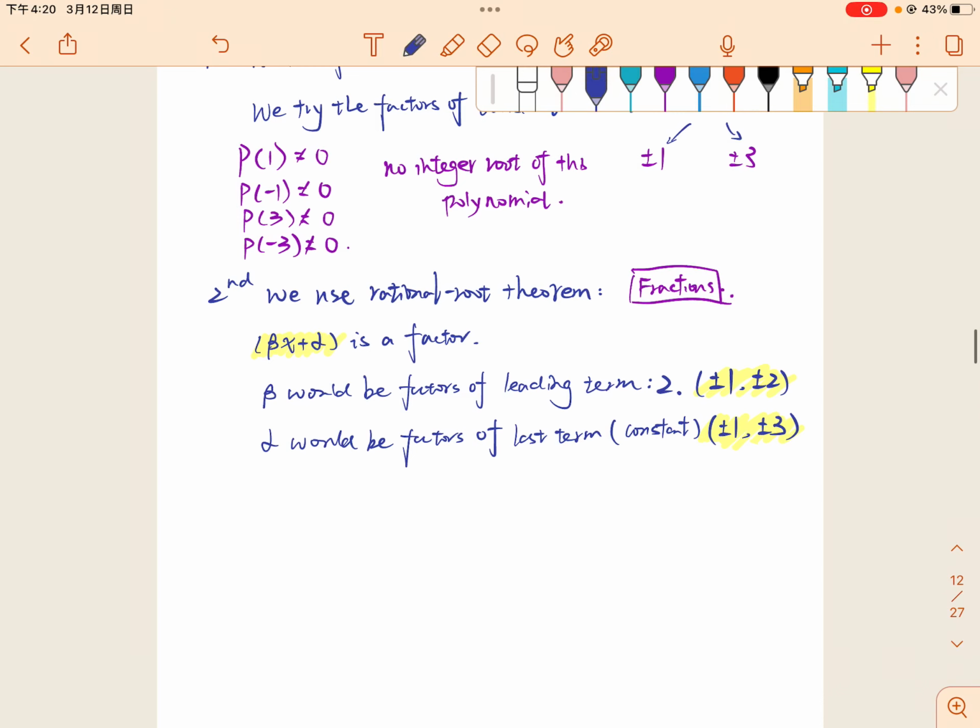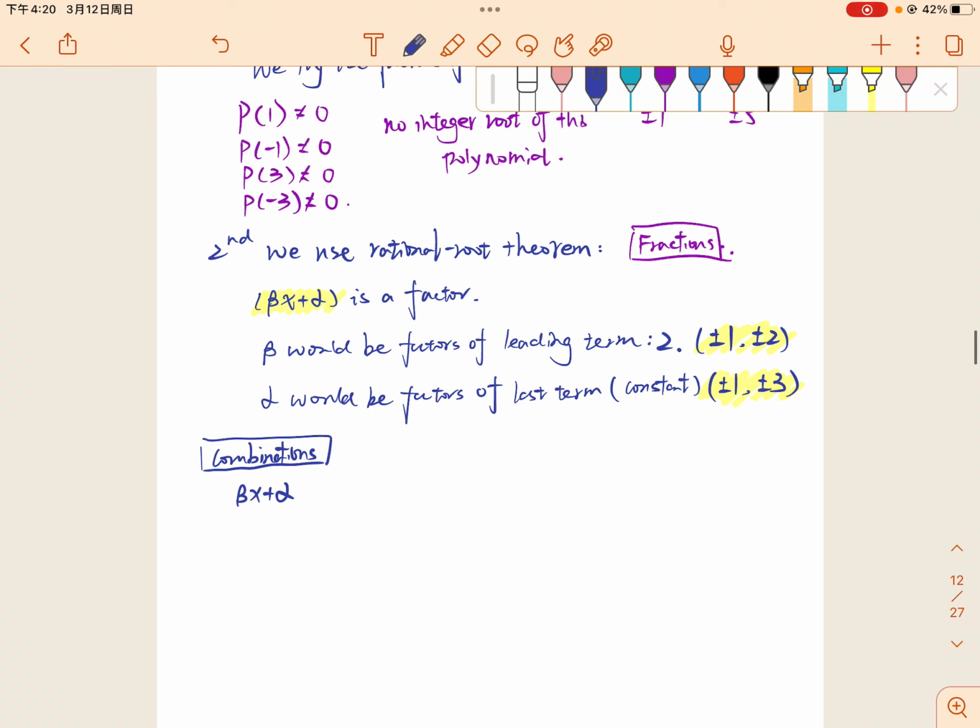Right, so now we have our beta and alpha ready. What we need to do is write out the beta x plus alpha. There are different combinations. So what can we have for beta x plus alpha?